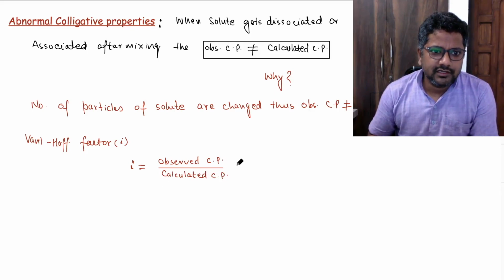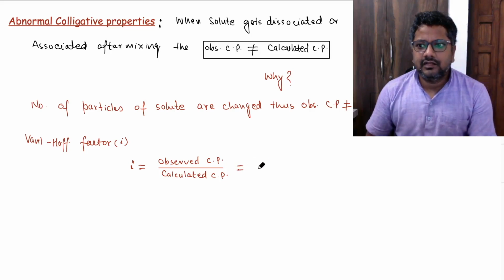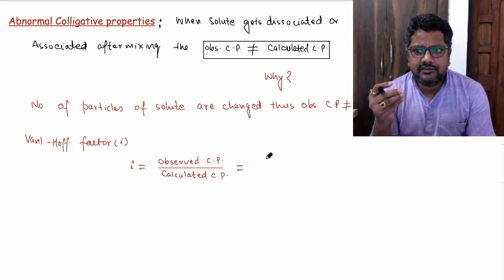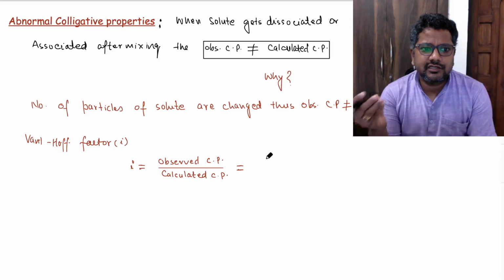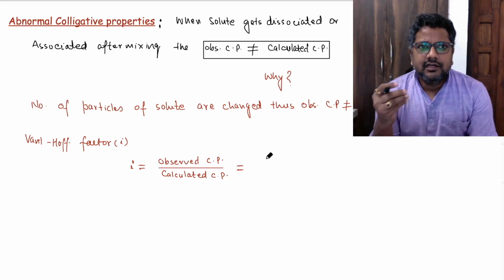One more relation you can write: this is also equal to the number of particles obtained after dissociation or association divided by the initial particles.